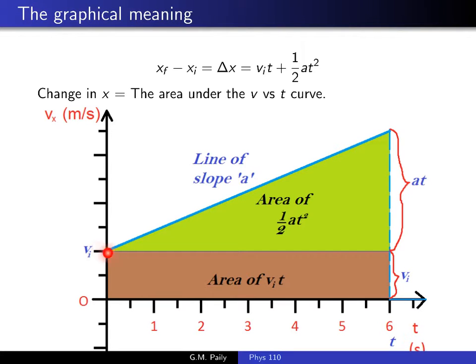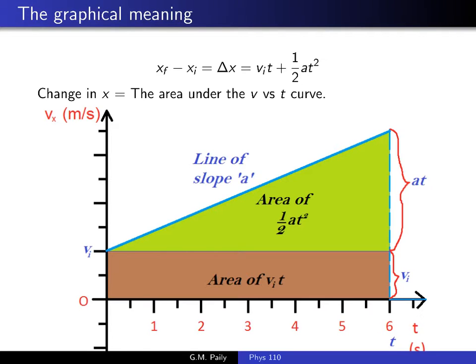But that is 1/2 t times at, or 1/2 at squared. And so the total area is v initial times t plus 1/2 at squared. But this is just the constant acceleration equation for position. X final minus x initial is equal to v initial t plus 1/2 at squared.